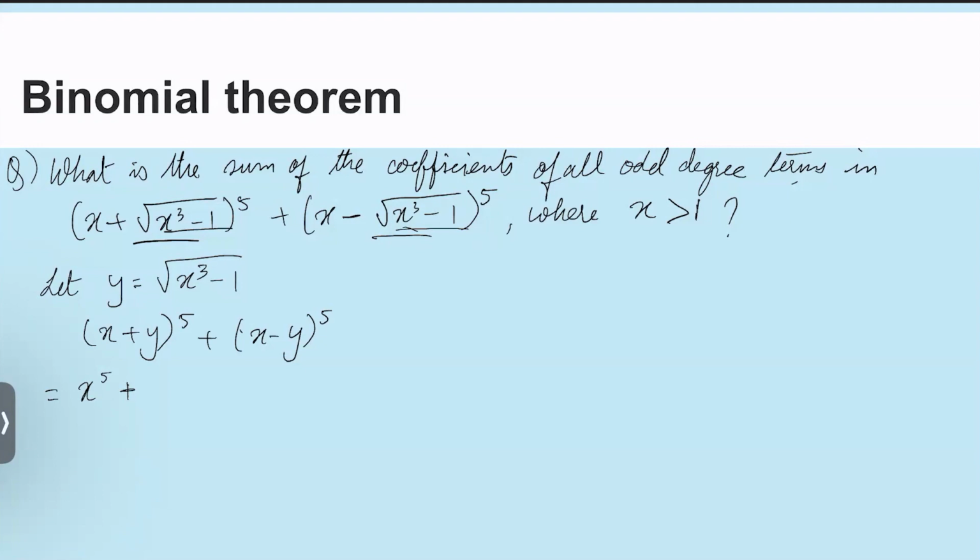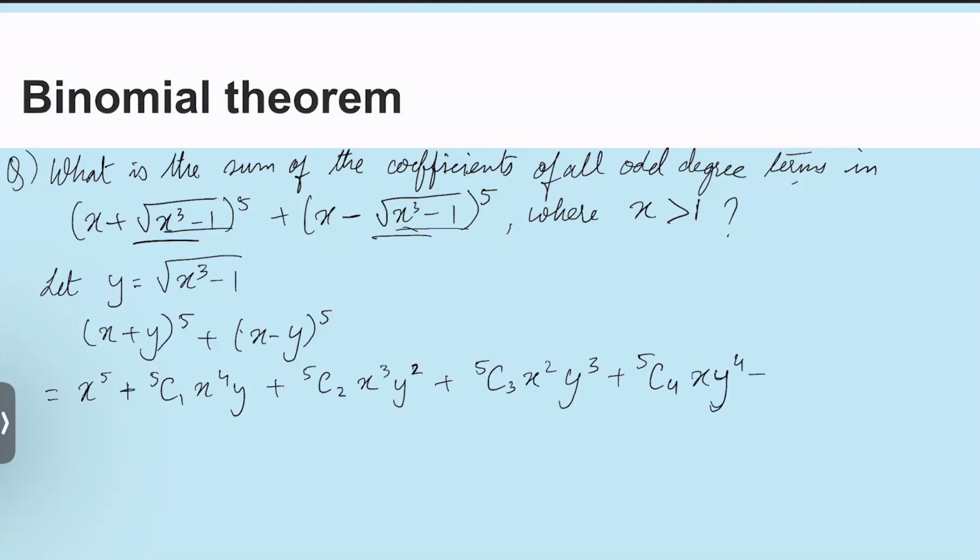Then you'll have 5C1 x raised to 4 y plus 5C2 x cubed y squared plus 5C3 x squared y cubed plus 5C4 x y raised to 4 plus 5C5 y raised to 5.